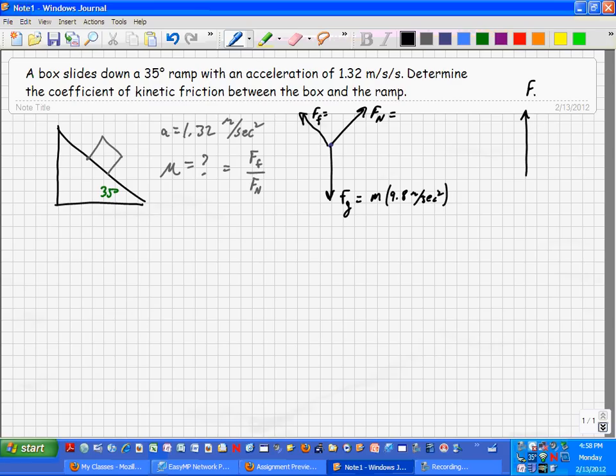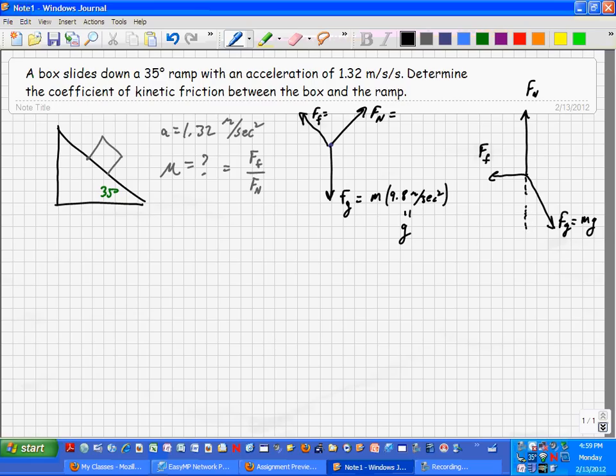I'm going to have my normal force pointed straight up, my frictional force pointed this way, and then force of weight off in this direction, which again is equal to mg, where g is the acceleration due to gravity. So that's how I'm going to abbreviate it, mg.